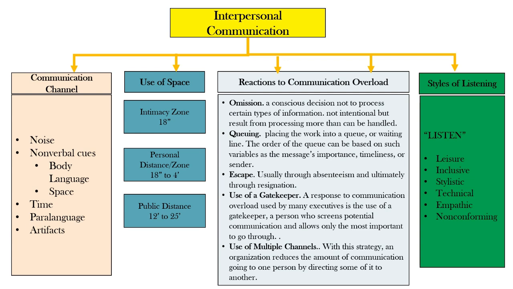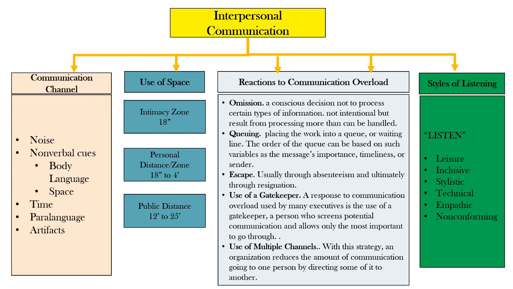We also have use of space. The ways people make use of space also provides nonverbal cues about their feelings and personality. Dominant people or those who have authority are given more space by others and at the same time take space from others. We have zones in the use of space.